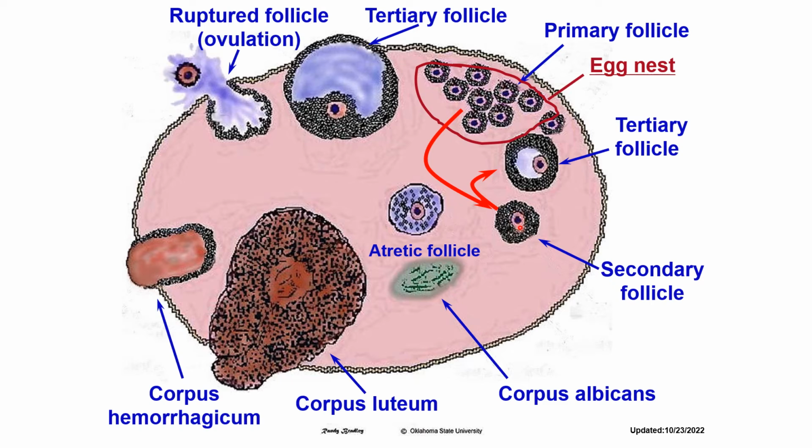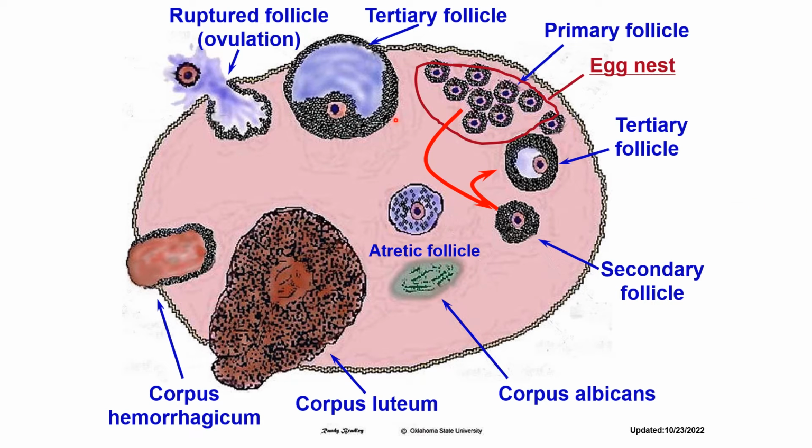And after that, the secondary follicle becomes a tertiary follicle or the Graafian follicle. So the other name of the tertiary follicle is Graafian follicle. And this follicle is basically characterized by the presence of the antrum, which is a fluid-filled structure of the follicle. We have here the oocyte, and we have here the presence of the granulosa cells.